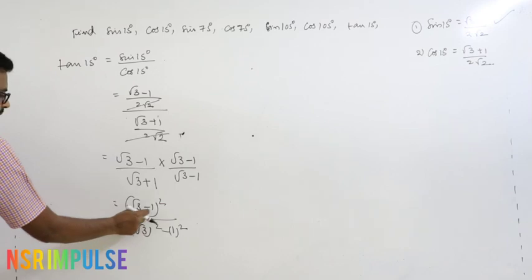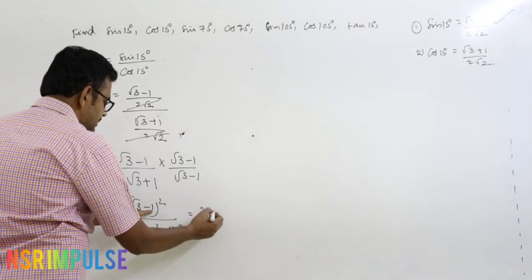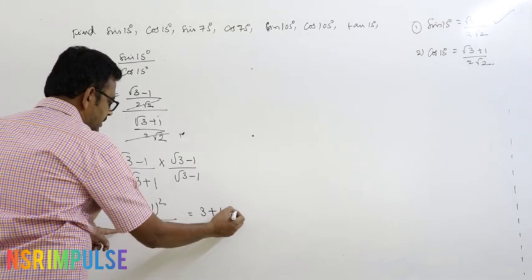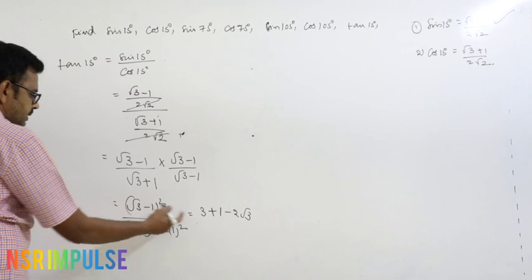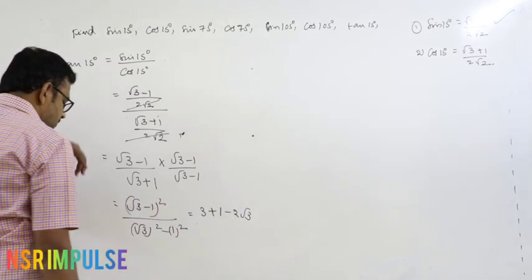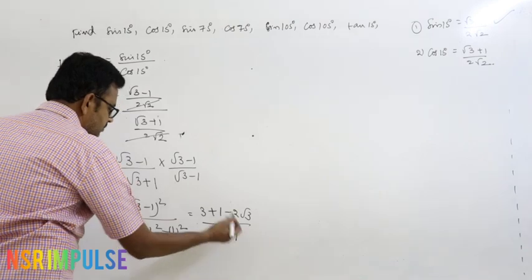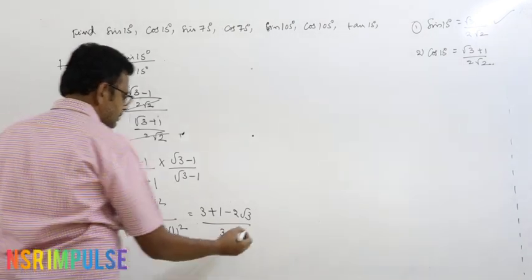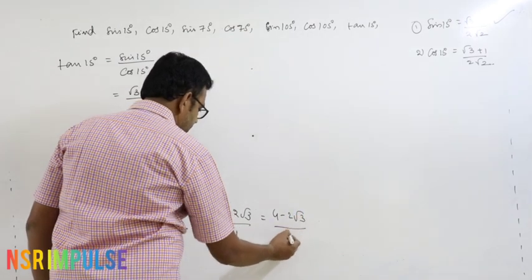So this is a minus b whole square: root 3 whole square is 3 plus b square 1 minus 2 into root 3, a square plus b square minus 2ab, divided by 3 minus 1. That is equal to 4 minus 2 root 3 by 2.